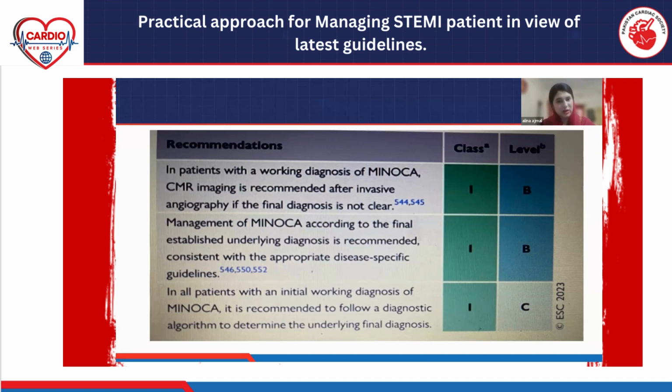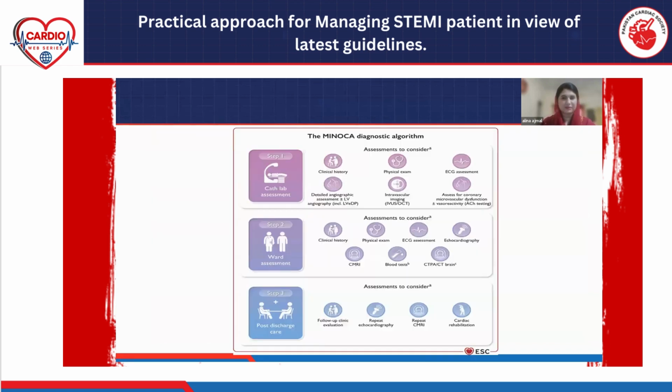In all patients with an initial working diagnosis of MINOCA, it is recommended to follow a specific diagnostic algorithm, which I am showing you in the next slide. This is from the ESC 2023 guidelines. They are suggesting the MINOCA diagnostic algorithm.